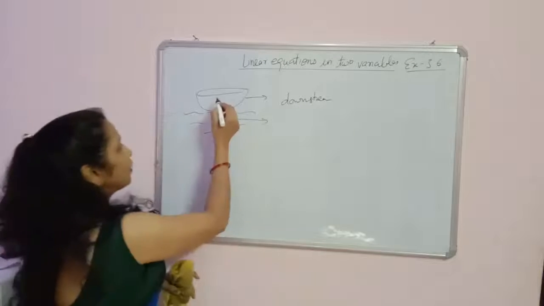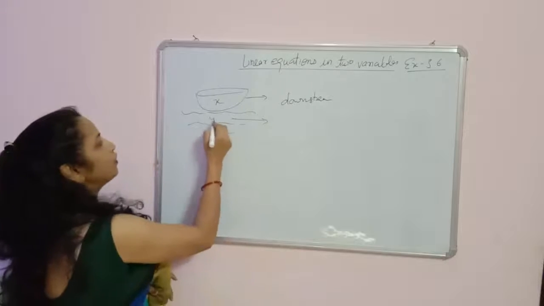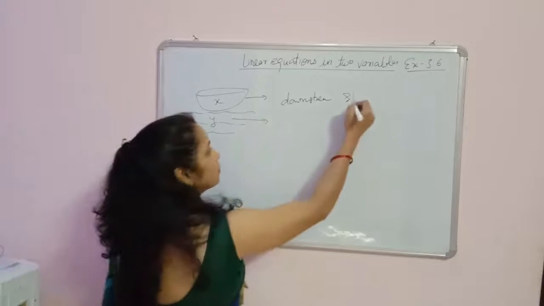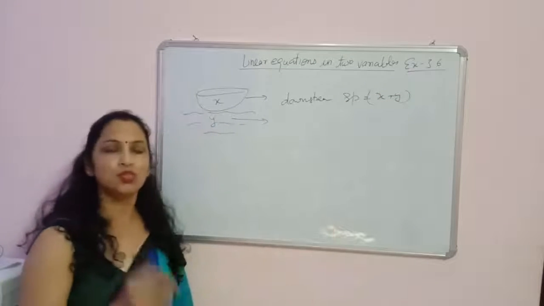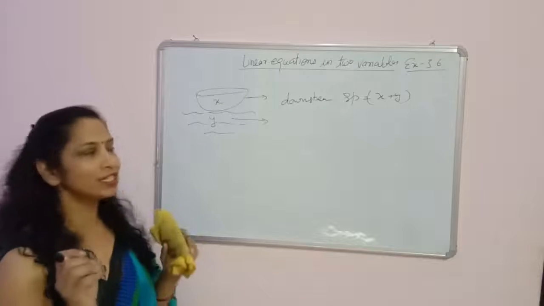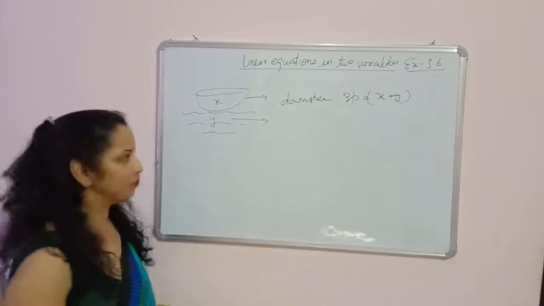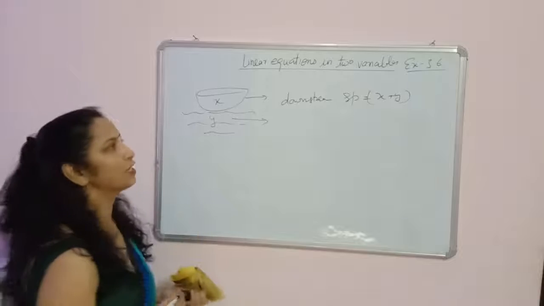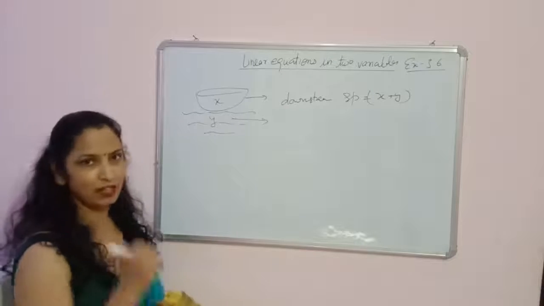It means if the speed of the boat is x, and the speed of the river is y, then in case of downstream the speed increases, and it will be x plus y. So in case of downstream, you should learn that the speed of boat and the river adds. So if we take the speed of boat as x and the speed of river as y, we will say the speed in downstream direction will be x plus y.